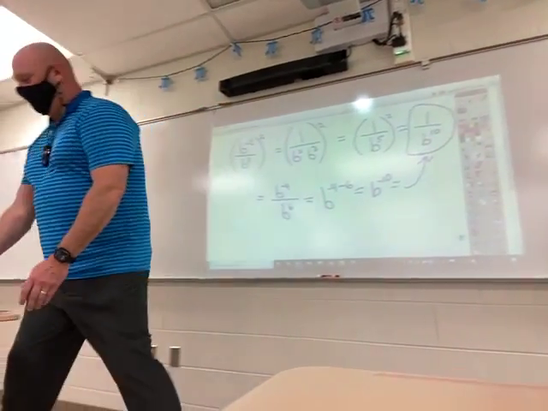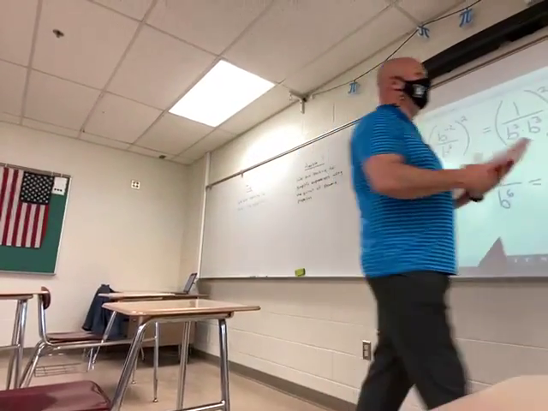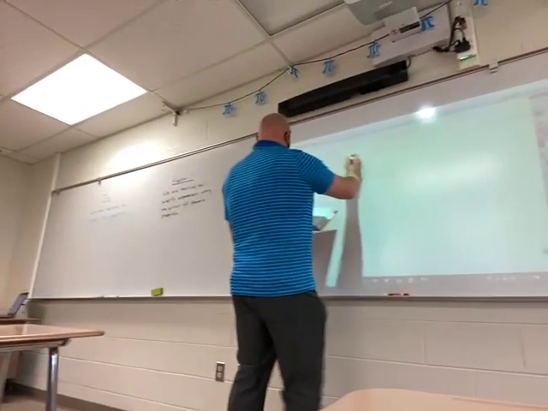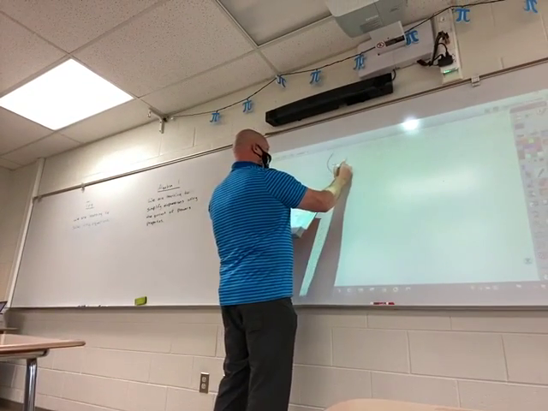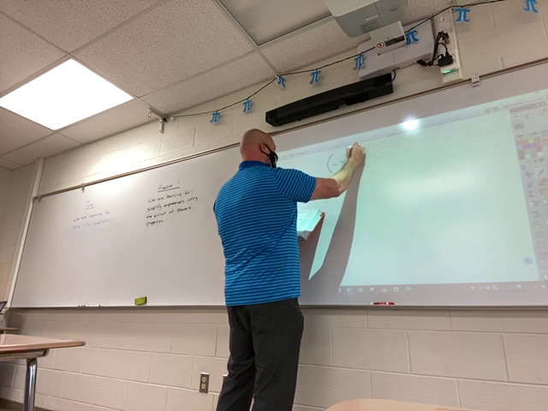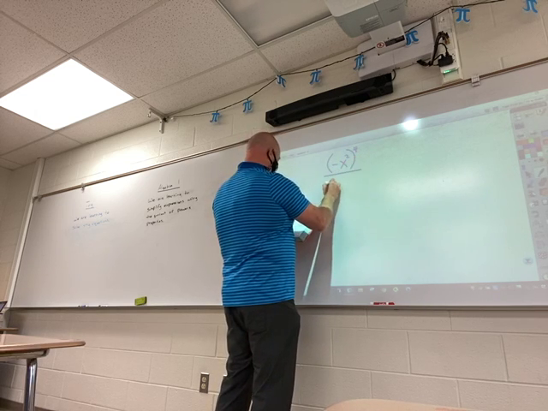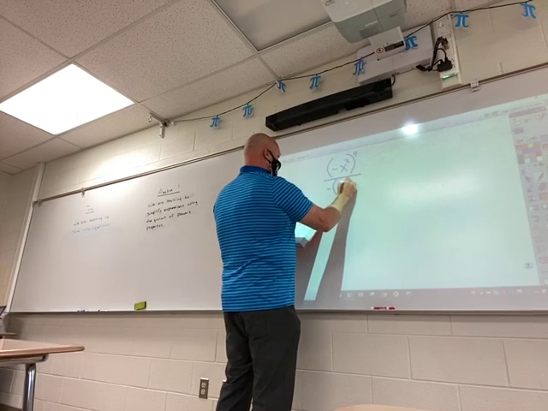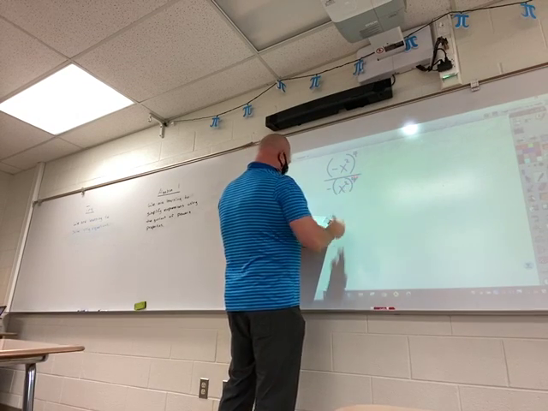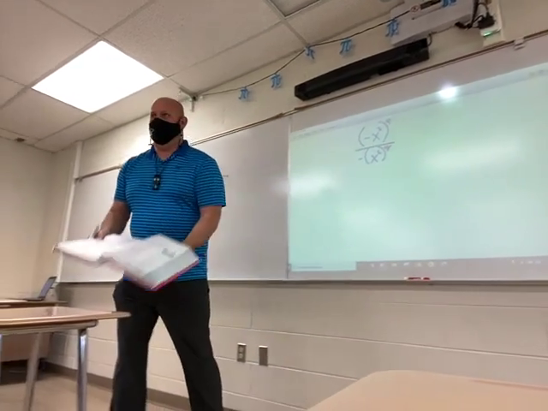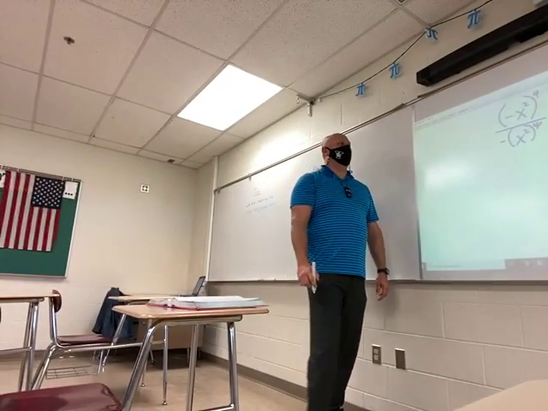How about the last one, 45? What'd you get for this one? So we got negative x squared raised to the 4th power over negative x squared to the 4th power. Wow. What do I have on top?